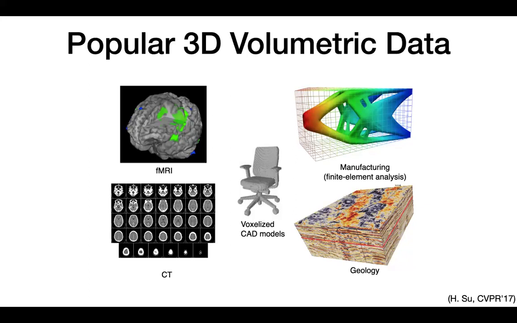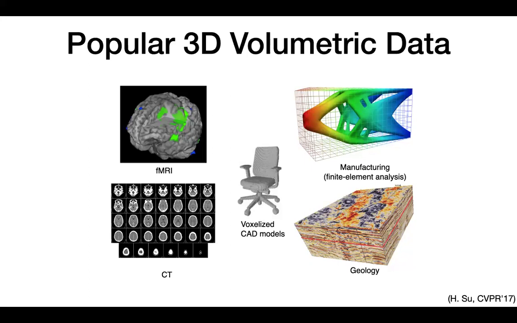And also in manufacturing, we need to do analysis of shapes and different properties with finite element analysis. And there are also some simulations that come from the manufactured data when you are designing and analyzing products that you need to build and know their physical properties.